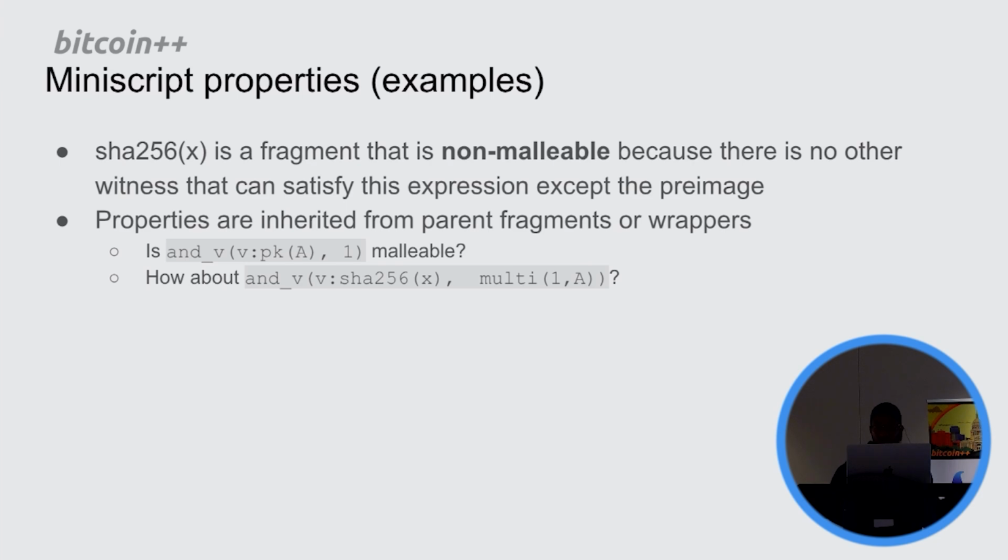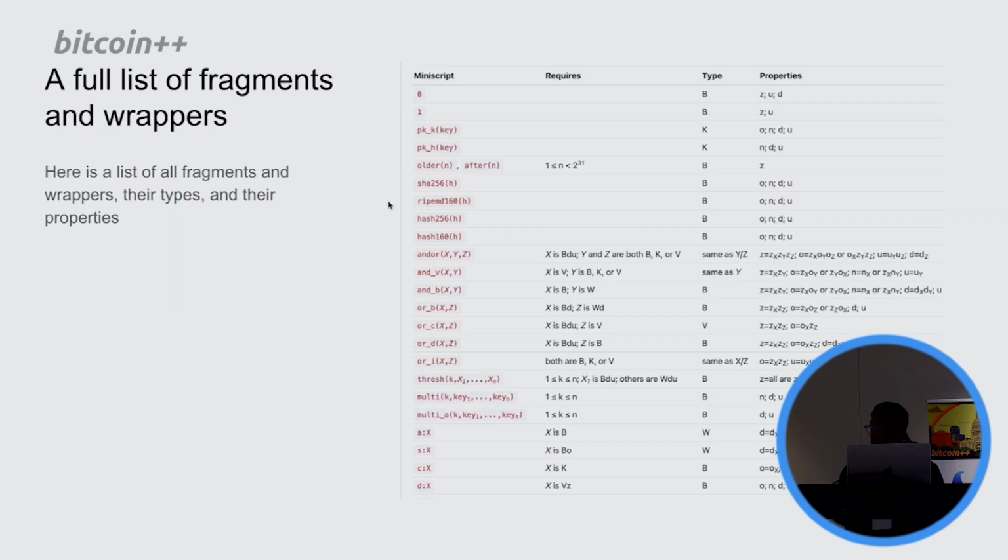And this is just kind of like 1 afterwards. And this kind of requires SHA-256, so again, you need a specific preimage to satisfy this. So yeah, non-malleable as long as you have to go through the SHA-256 and provide that preimage. Well, unless the second condition allows different things to be put in there, like multi 1A, I guess, had an example here. So yeah, simple at-home exercises you could do.